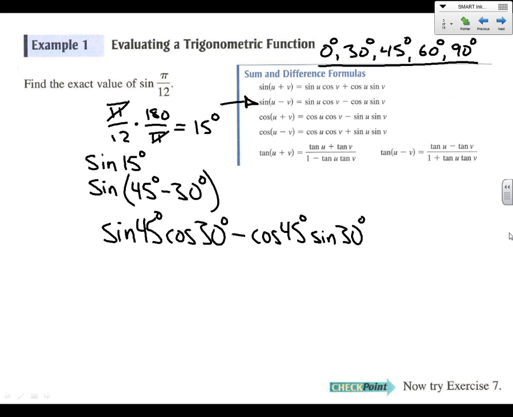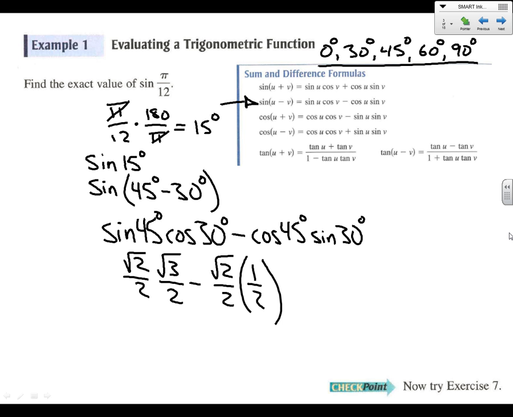We're just plugging in the correct angles, and then we go to our chart, or we can look at the unit circle and ask, what's the sine of 45? That's root 2 over 2. What's the cosine of 30? That's root 3 over 2. Minus, what's the cosine of 45? Root 2 over 2. And what's the sine of 30?